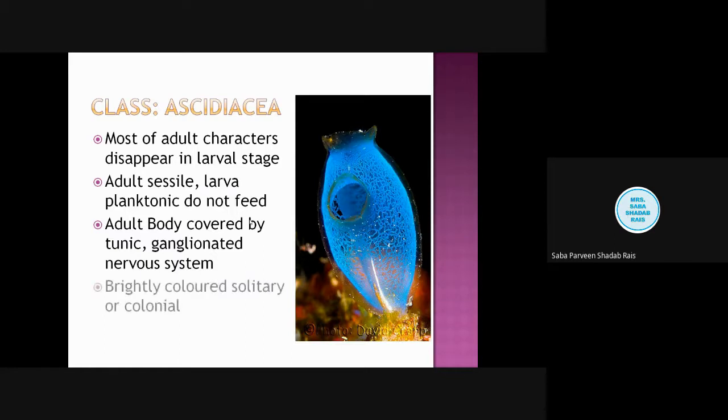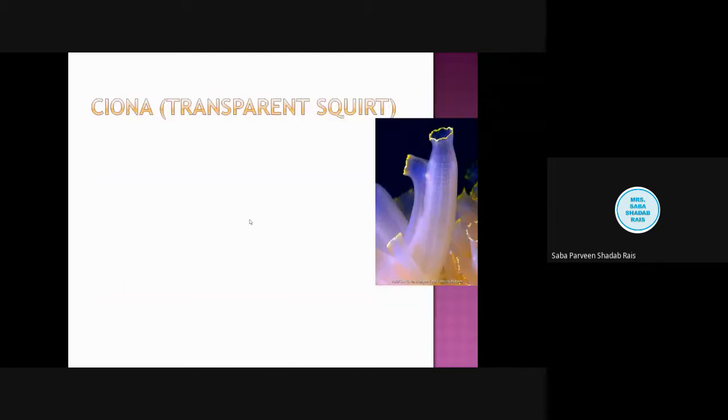When we talk about their appearance, they are brightly colored. They may be solitary, or they may be colonial. Example is Ciona, the transparent sea squirt.